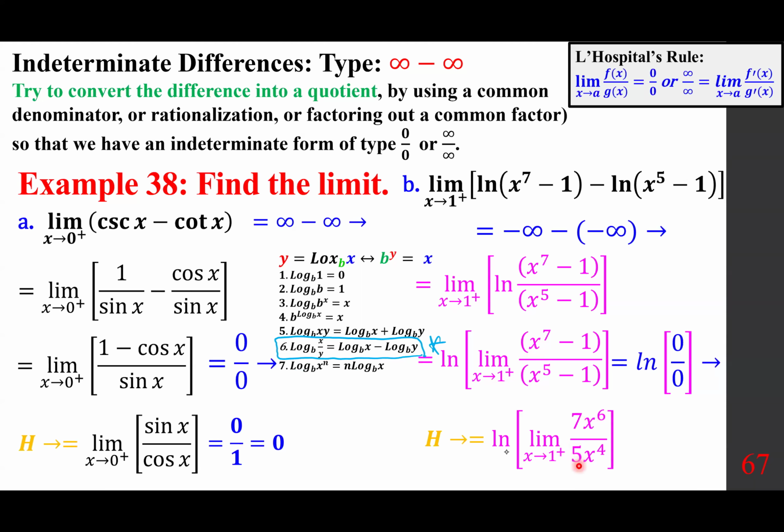Over here, I get 5. It's precisely ln of 7 over 5. That's an exact answer. So it's important to know it's not necessarily 0. You have to go through the process to figure it out.